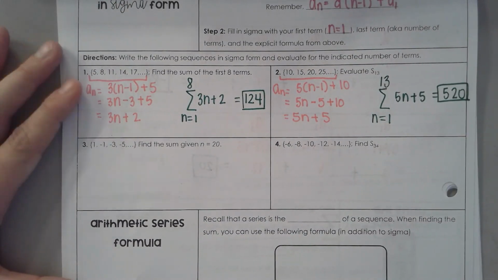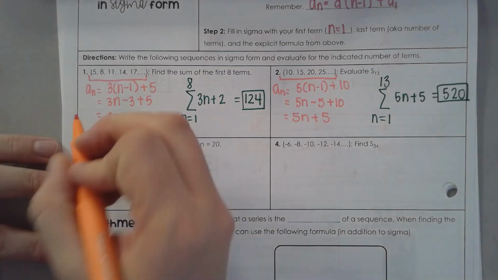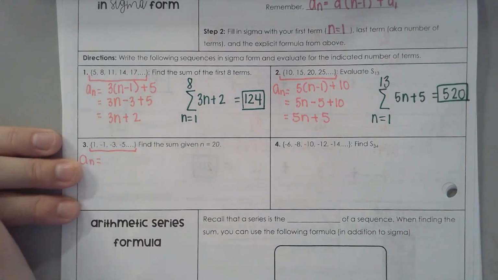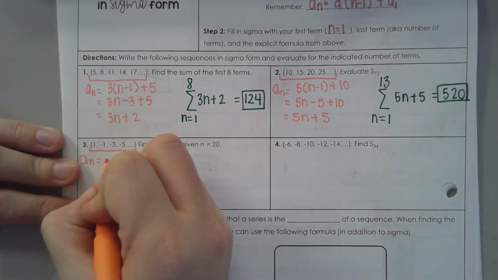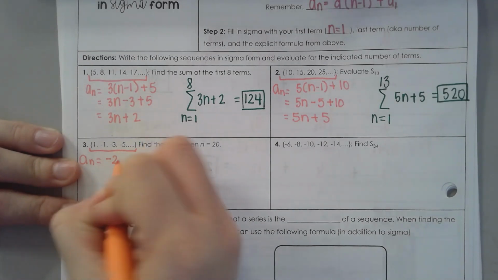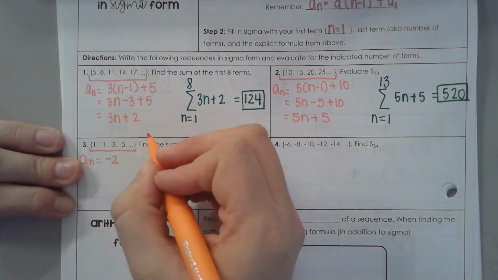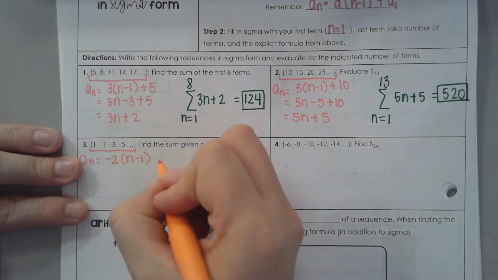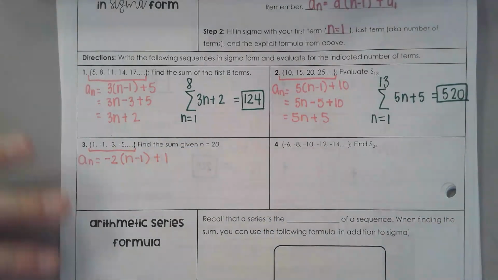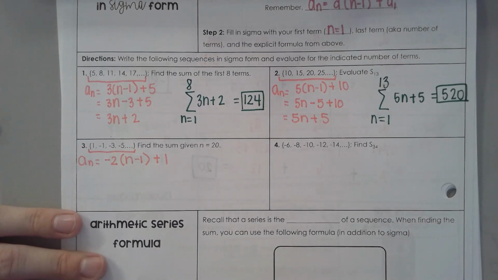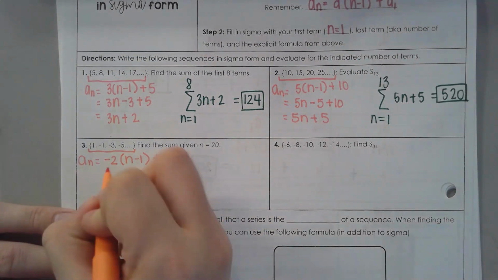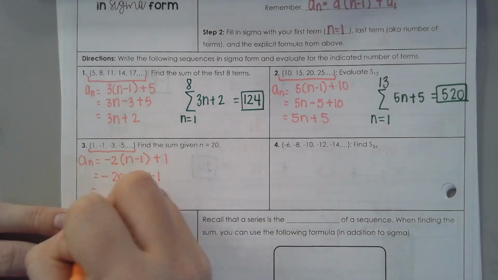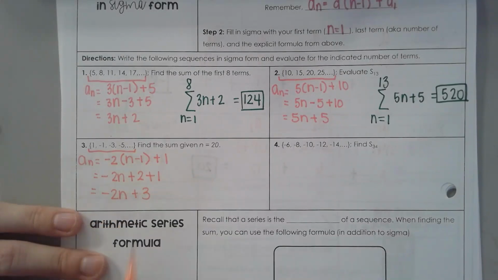Number 3. an equals, what's my difference? Negative 2. And then n minus 1 goes in parentheses, and plus 1 goes at the end. Negative 2n plus 2 plus 1, which is negative 2n plus 3.